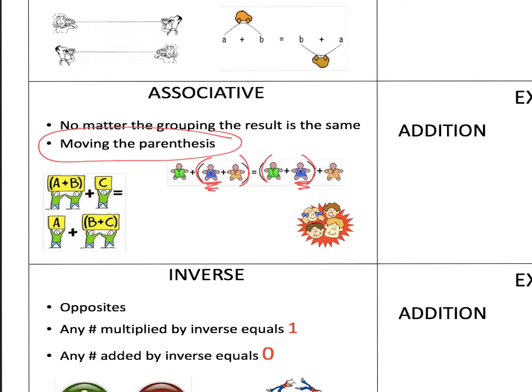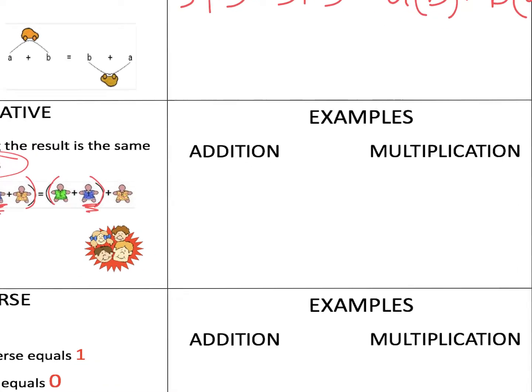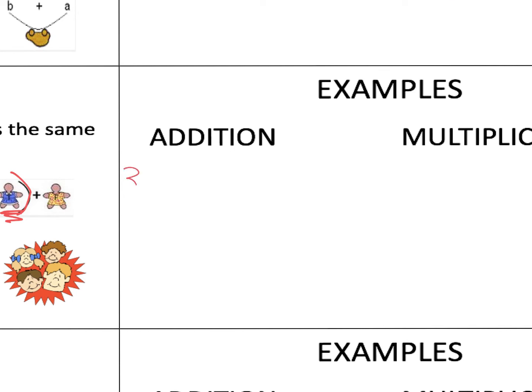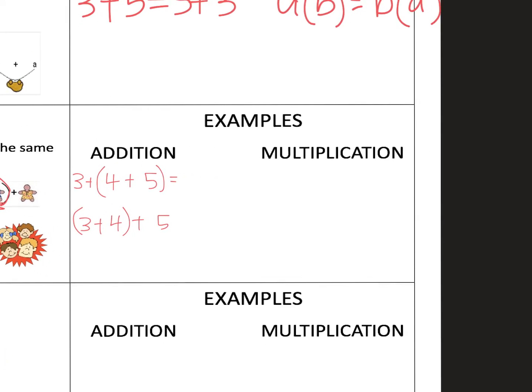So an example with addition would be (3 + 4) + 5 equals, and I'm going to put it underneath, 3 + (4 + 5). So the order is still 3, 4, 5, but the parentheses have shifted to a different group, okay? And the same thing works with multiplication.